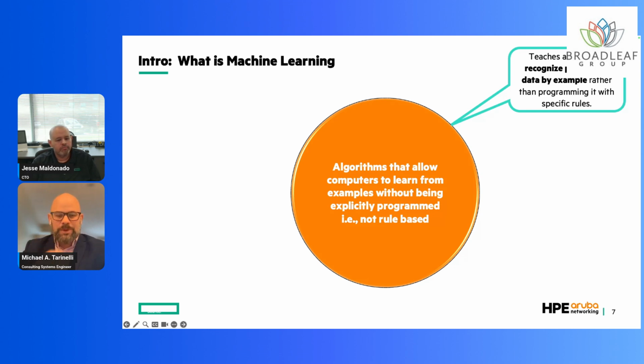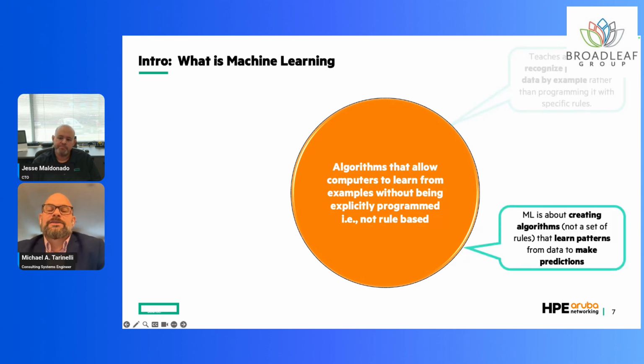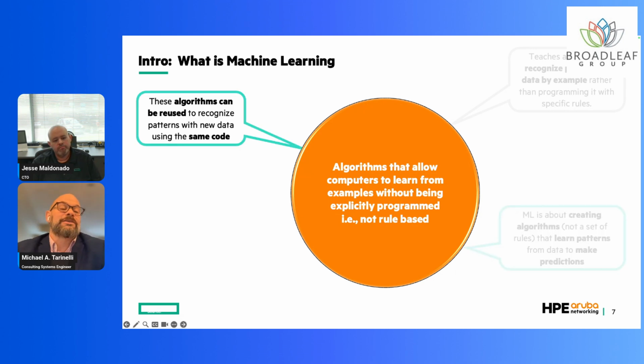This notion of rule-based computer programming is kind of gone now that we're in the world of AI and machine learning. So we use things like the concept of algorithms, which are effectively called models in AI, right? And these models are designed to find patterns so that they can make predictions.